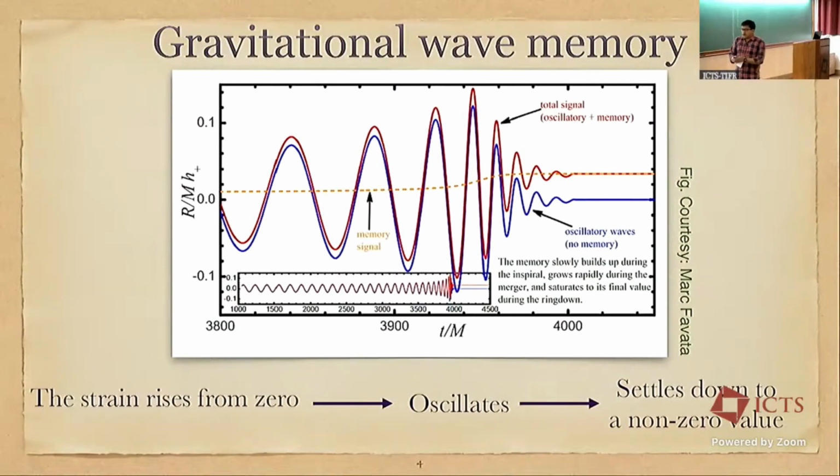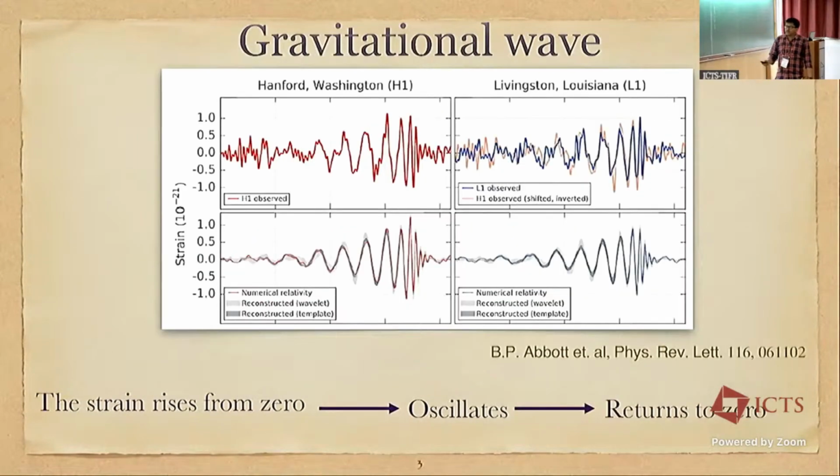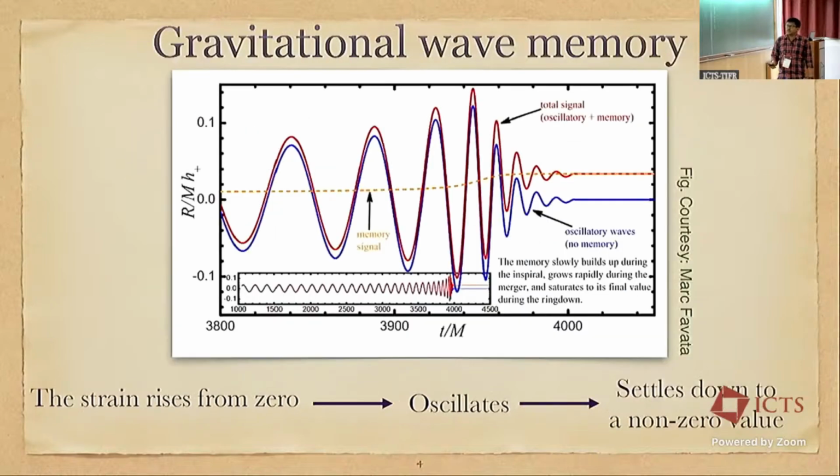It leaves behind the memory of the wave that passed by, and this residual displacement of the detector is called the memory. In the case of a normal gravitational wave, it causes an oscillatory deformation, and as the wave passes by, the detector returns to its initial state. So this is the difference between a gravitational wave with memory and without memory.